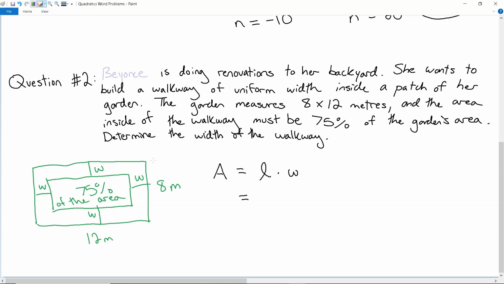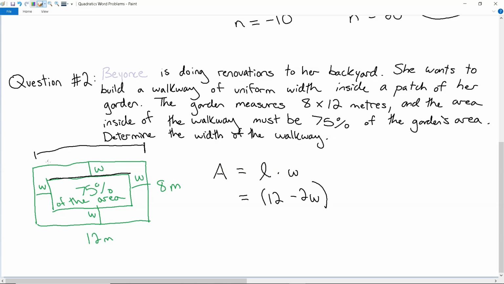So let's look at this side first, kind of from here to here. I can see that the original garden is 12 meters, but inside of the garden, in this new area, it would actually be 12 minus 2 widths of the walkway, right?